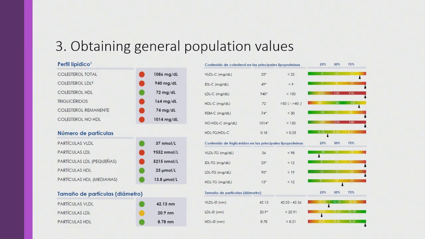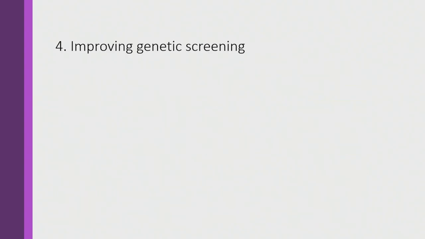And we can see, of course, that it's the individual with the highest levels of LDL cholesterol, but we can also position this individual according to the rest of the population in our database. We have already analyzed around 50,000 people. And we are trying to identify the individual in comparison to the rest of the population.